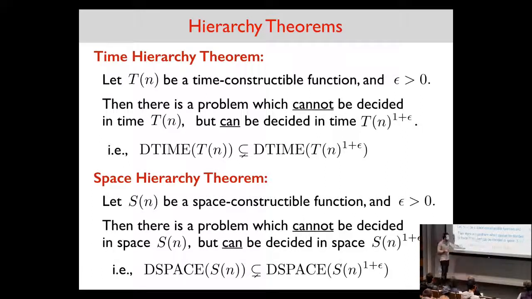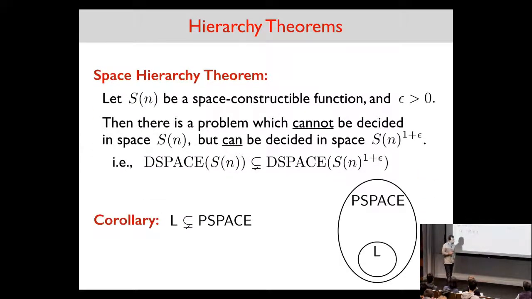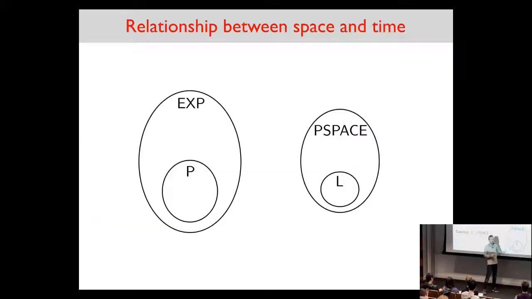So as a corollary, we get that L is not the same as PSPACE. It's a subset, but there's this crucial mark there that says it's not equal. It's a proper subset. So, in fact, there are some languages living in this area, which is not in L, but in PSPACE.